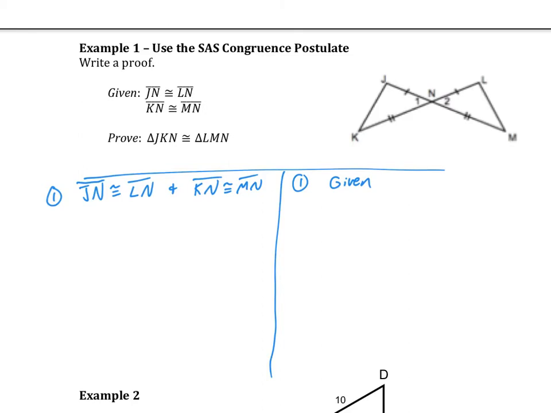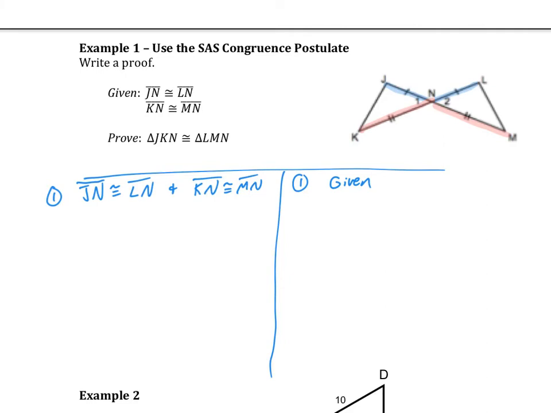So if we were to mark that in our picture, it would be JN congruent to LN, those two blue lines, and it'd be KN congruent to MN. So far what we know is congruent is there's two segments, right? Two sides.